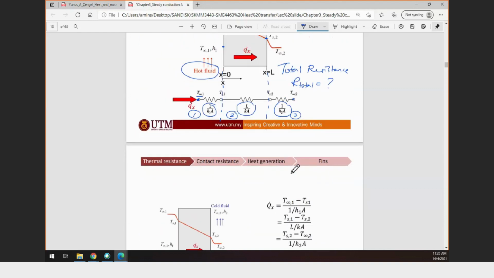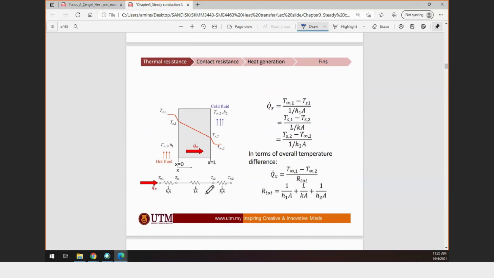Okay, so if you look here, you can find the total resistance by combining all the resistances of the wall, starting from the hot temperature region to the cold temperature region.